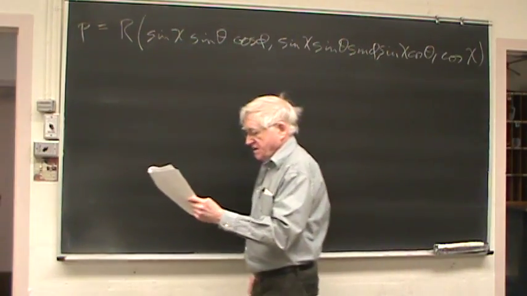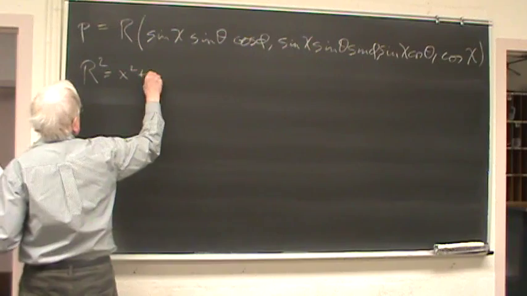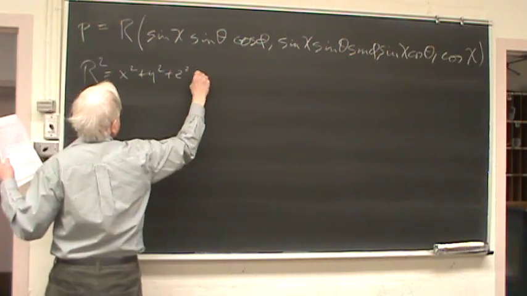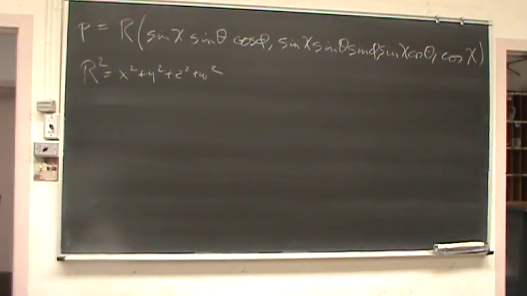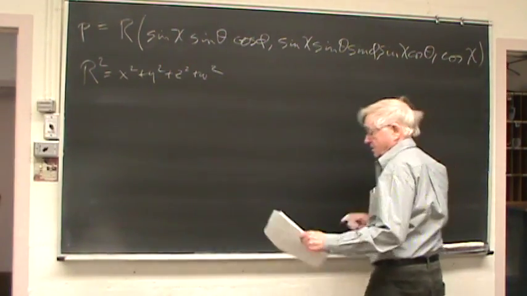Those are the points. They satisfy r² = x² + y² + z² + w², with these being x, y, z, w.